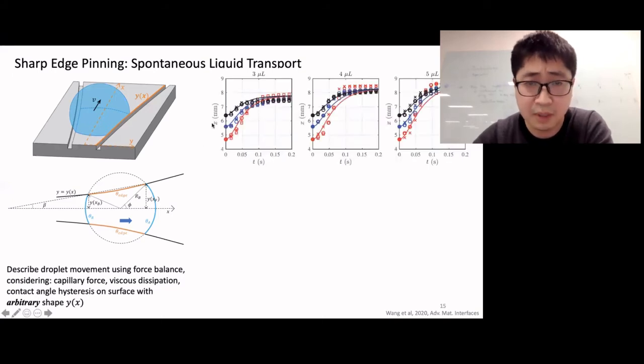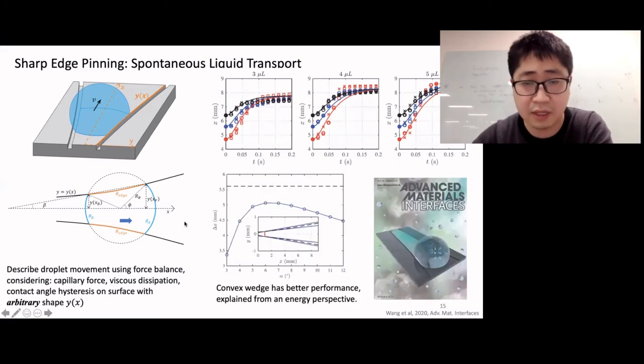Here is the result from the theory, derived basically from Newton's second law considering these forces, and also the experiments for different droplet sizes and initial starting locations. Based on this theory, we can do some more analysis from an energy perspective to show that if we have a convex-shaped wedge, then the total travel distance of this droplet can outperform all the straight wedges. So this becomes more of an optimization problem.